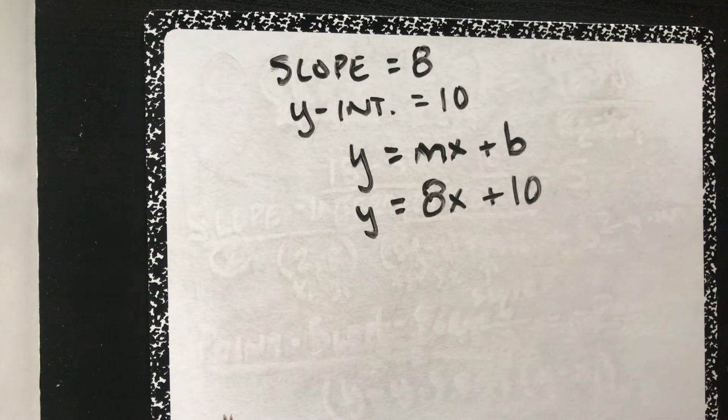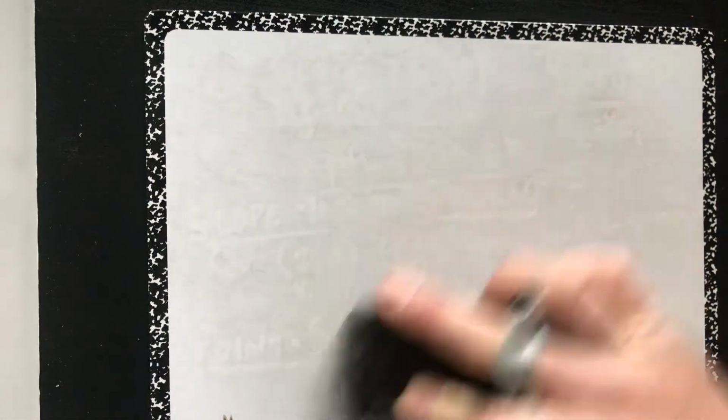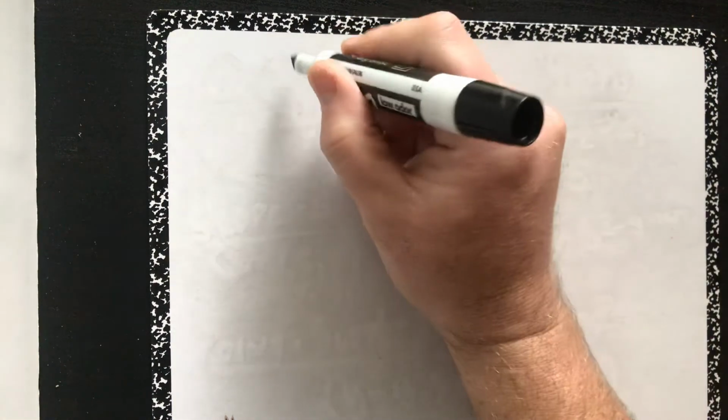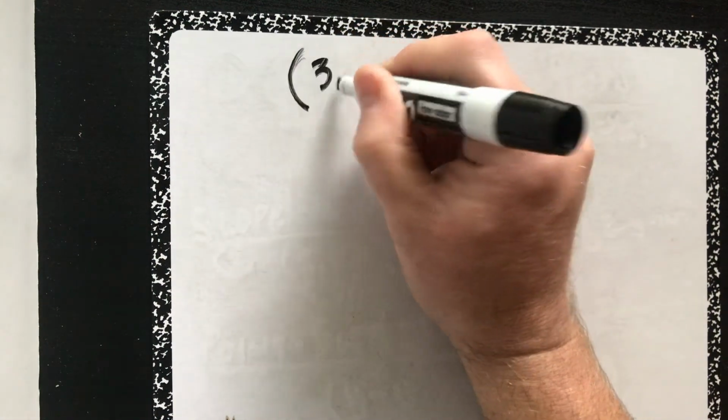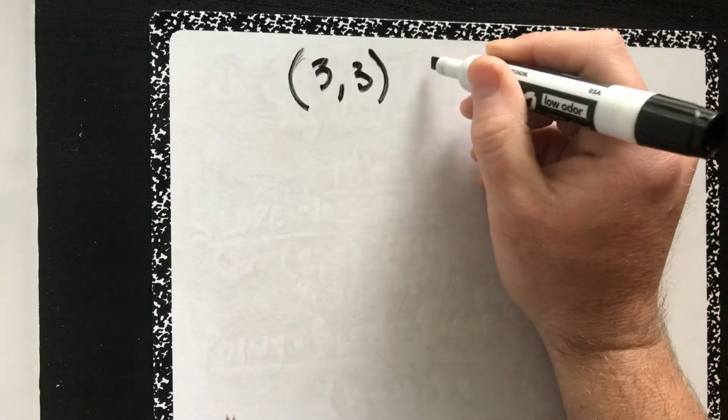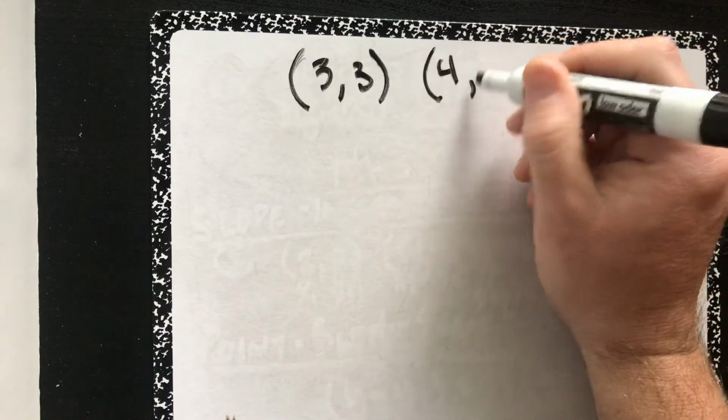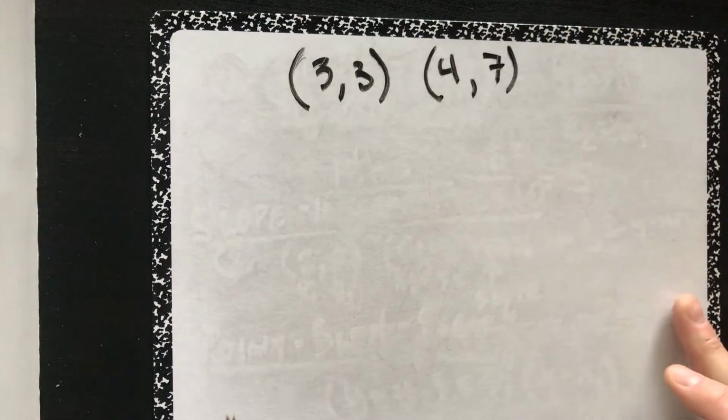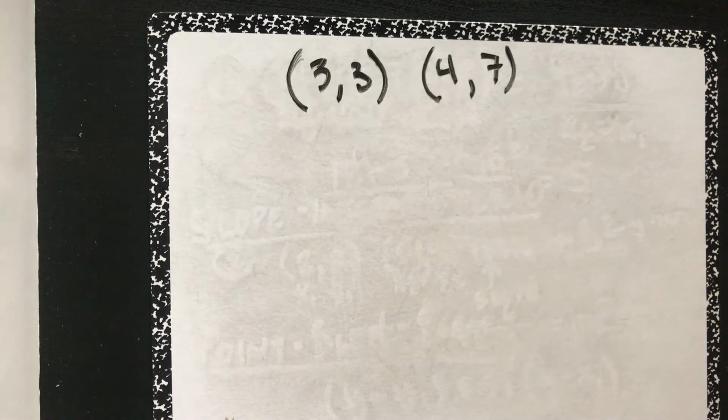And the next one, number 4 on page 193, they say, what's the equation of a line that passes through this point, 3, 3, and this point, 4, 7? Well, what are we missing here? We're missing the slope. We don't know what the slope is, but they gave us 2 points.